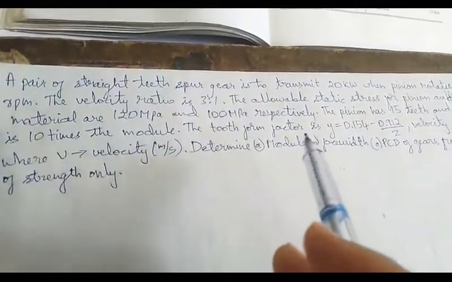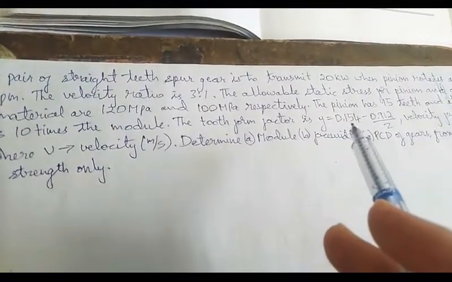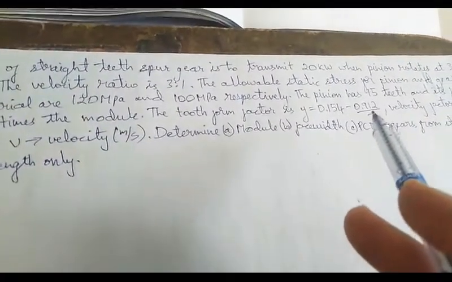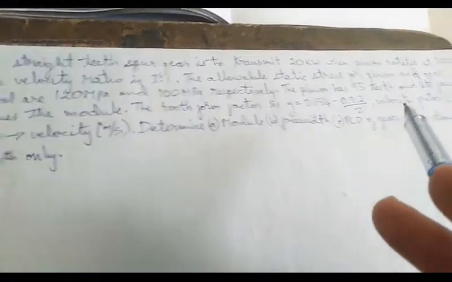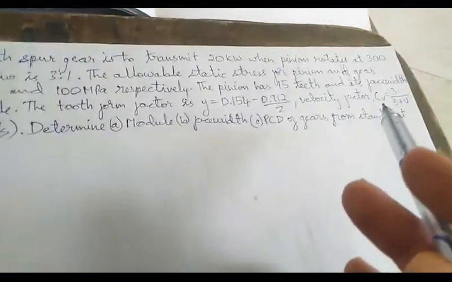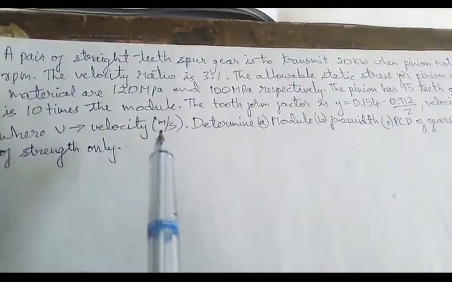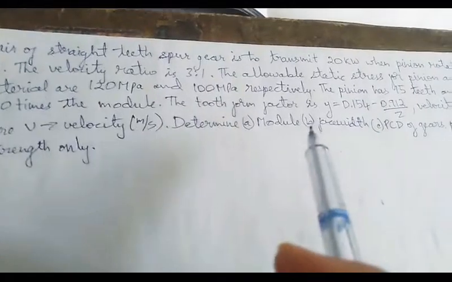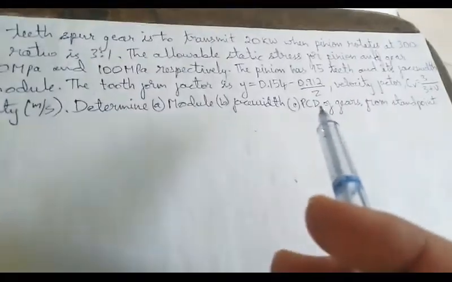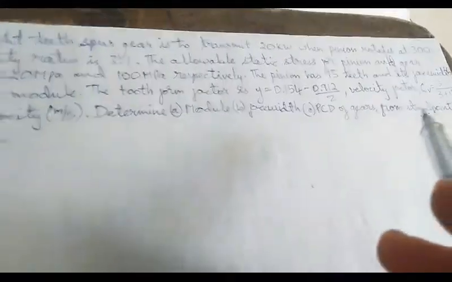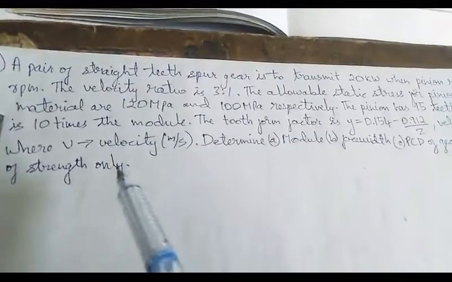The tooth form factor is y equals 0.154 minus 0.912 divided by z. The velocity factor Cv equals 3 divided by 3 plus v, where v is the velocity in meters per second. Determine the module, face width, and pitch circle diameter of the gears from the standpoint of strength only.